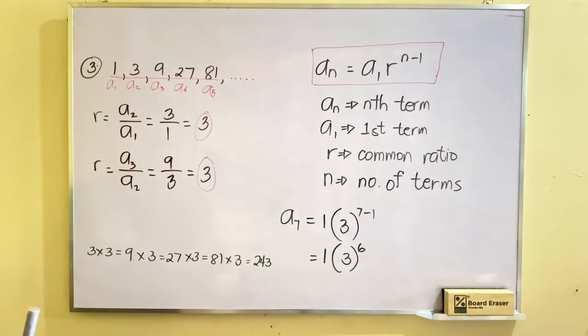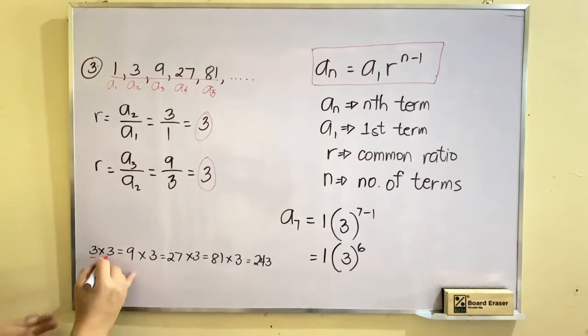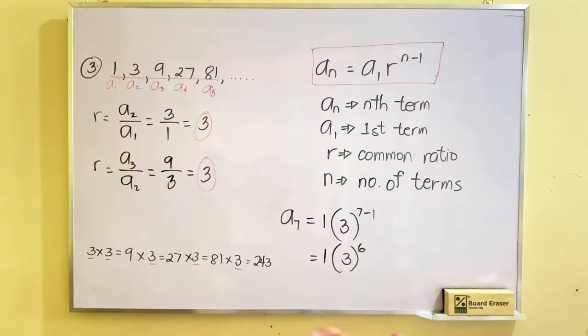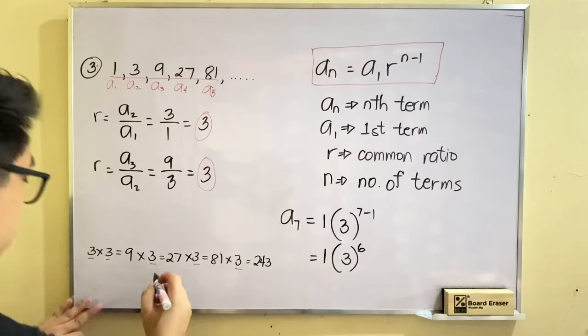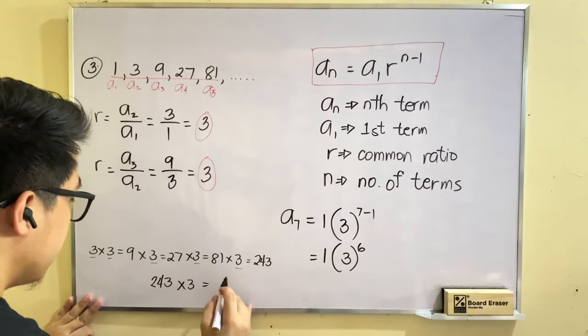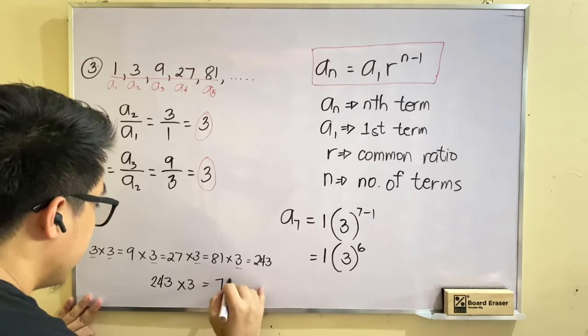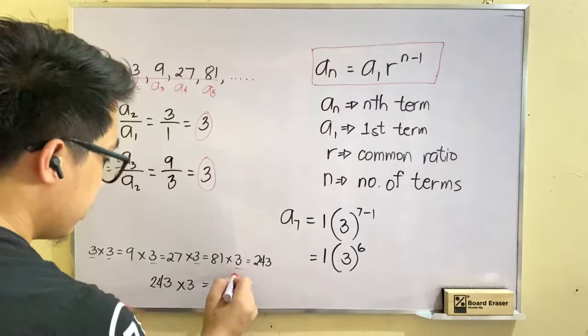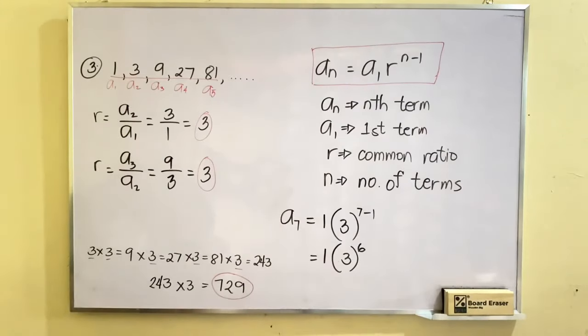Ilang beses na natin siya na times? 1, 2, 3, 4, 5. Kulang pa tayo ng isa kasi 6 dapat. 243 times 3 is equals to 729. Therefore, 3 raised to 6 is 729.